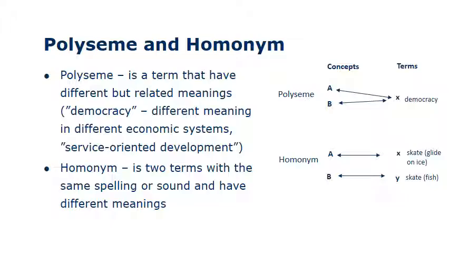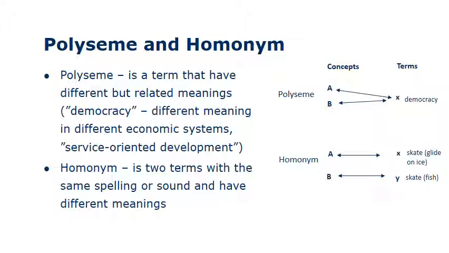Polysemes and homonyms. A polyseme is a term that has different but related meanings. An example is democracy. When I was young, there existed the Soviet version of democracy and the US version of democracy. That means they use the same term that has a positive meaning, but actually the democracy in the US has a different meaning than the democracy in the Soviet Republic.